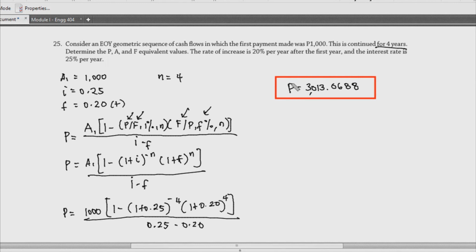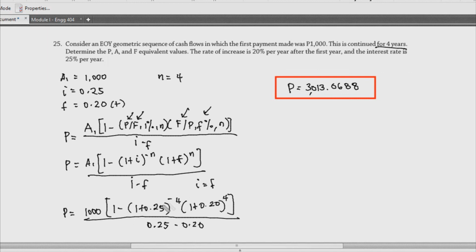Now, if we want to find F, we'll just use our compound amount factor. And if we want A, we'll be using our uniform series worth factor for that. And just to show you something here, what if I is equal to F? So what if I is equal to F? For this case, if you notice, if I is equal to F, our base would be the same. By multiplying that and adding the negative and positive exponent, we'll be able to get 0, correct?